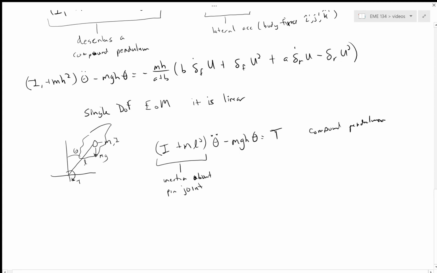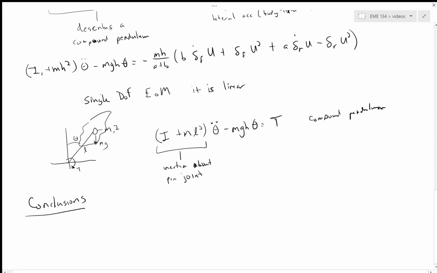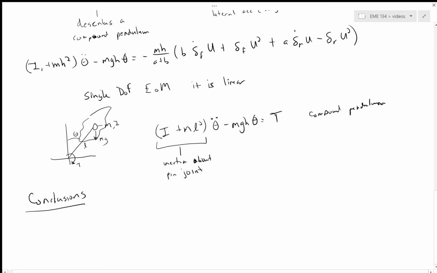So a few conclusions that we get from this equation of motion. An inverted compound pendulum is unstable. And we can see that because the negative mgh theta term, that negative mgh, is always negative.